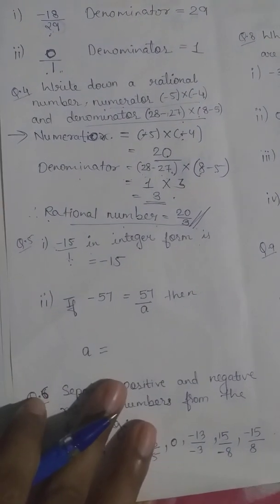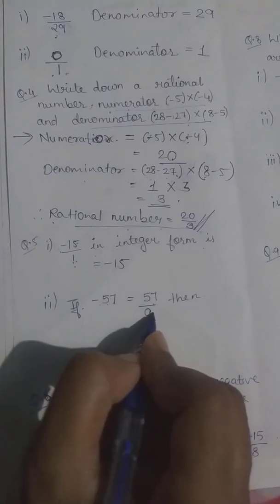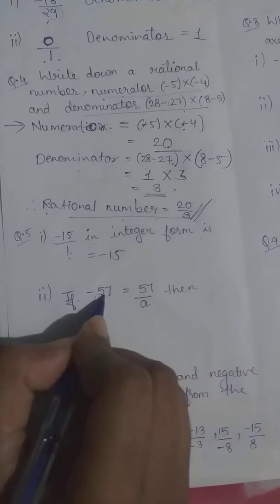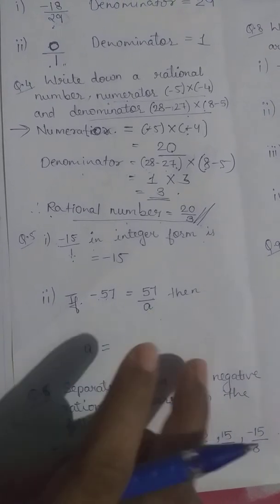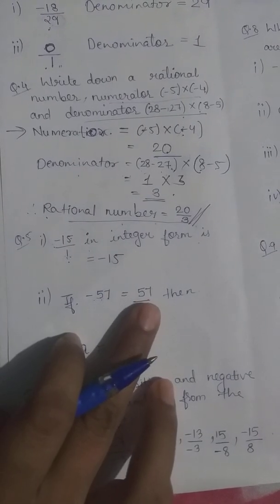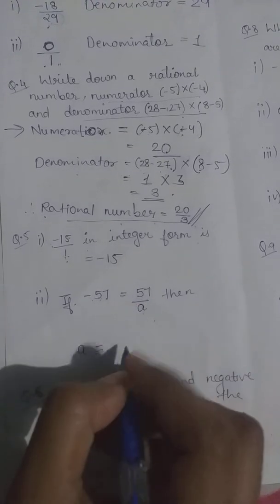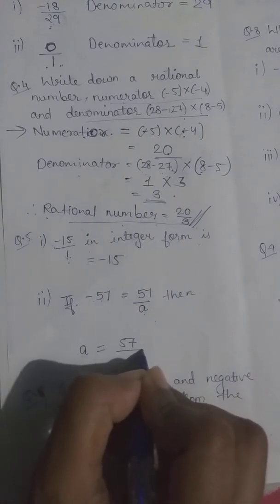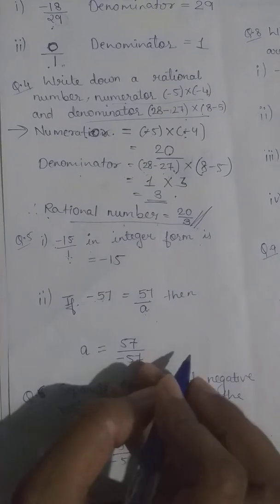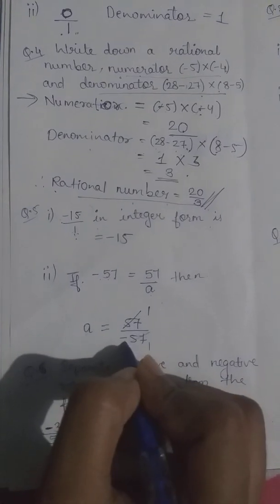But what about the second question? If minus 57 is equal to 57 upon A, so students, this A will go this side and this number will come this side. See, the variable will go one side and the constant, that is the number, will remain on one side. So I'll take this A that side and 57 upon minus 57. So 57 upon minus 57. So 57s are 1 and 1. But what about this minus?